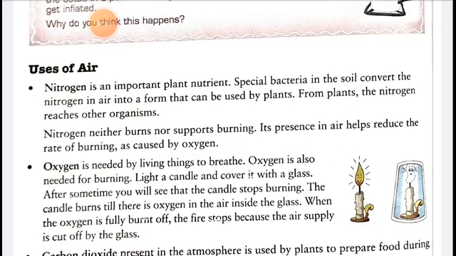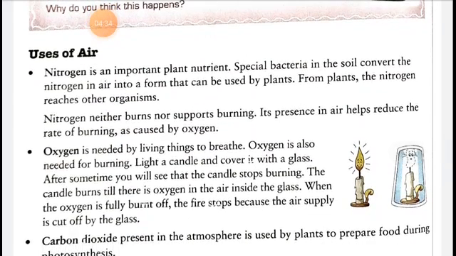But nitrogen neither burns nor supports burning. Its presence in air helps reduce the rate of burning caused by oxygen. You know that oxygen supports burning but nitrogen never. But indirectly this nitrogen comes to our body with the help of plant products.